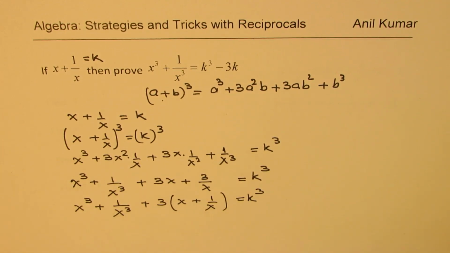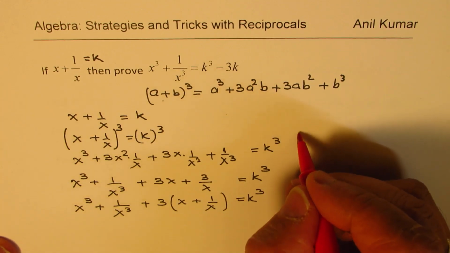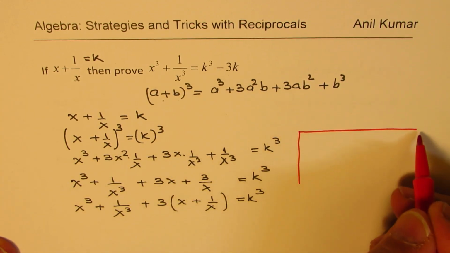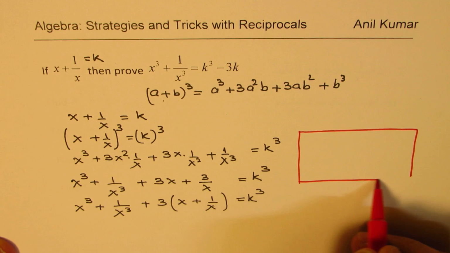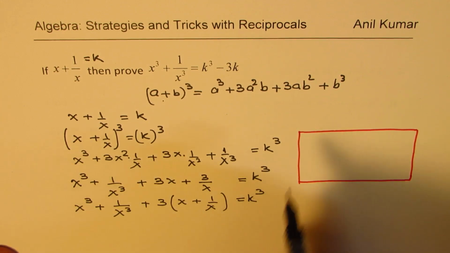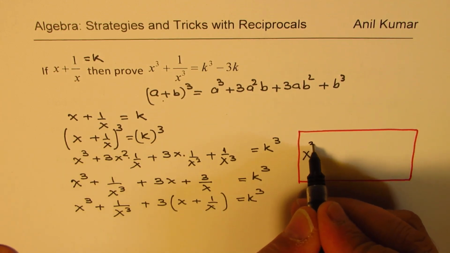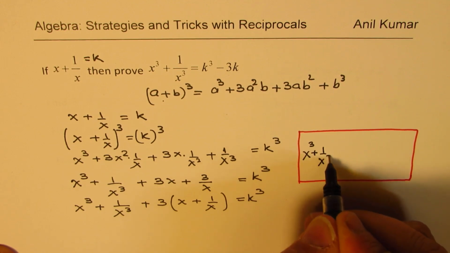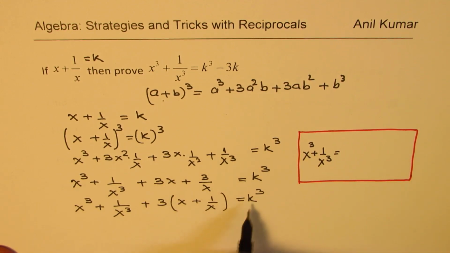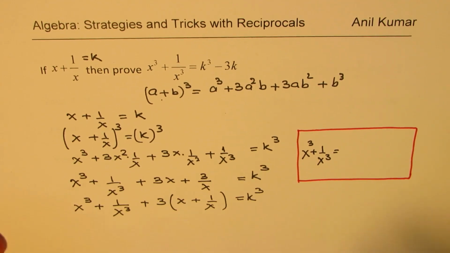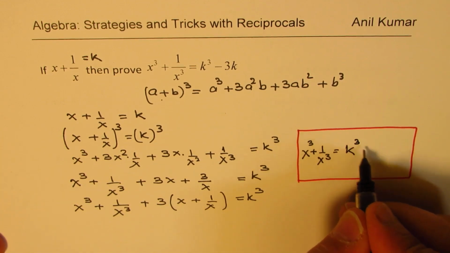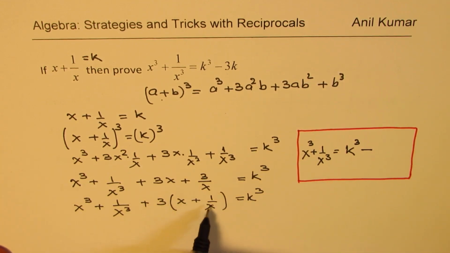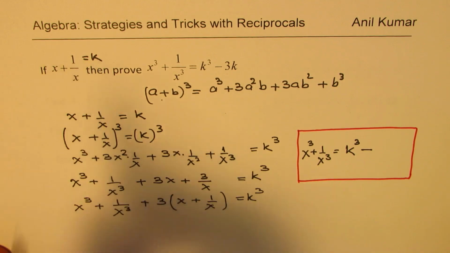Now if I rearrange, I get my formula, right? So let me write down the formula once again right here in this box. Now these are very important formulas, right? x cubed plus 1 over x cubed is indeed equal to k cubed minus 3k, since x plus 1 over x is given to us as k.